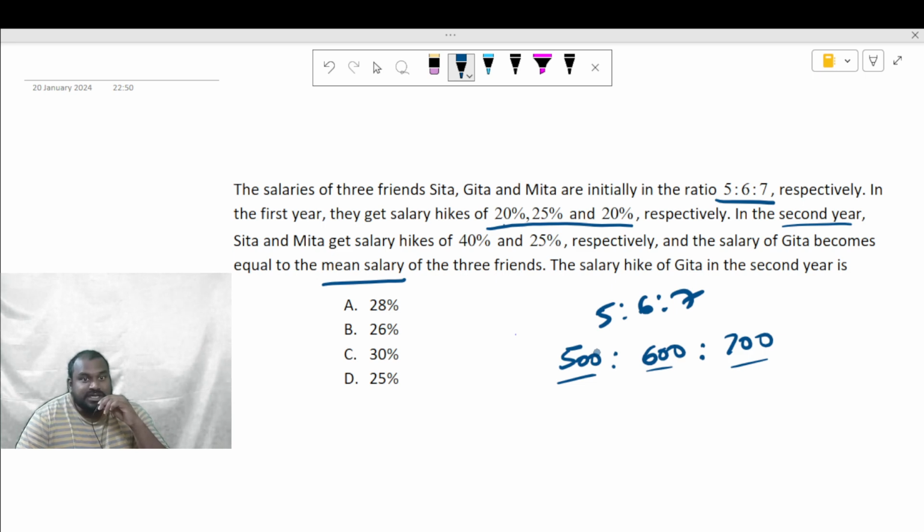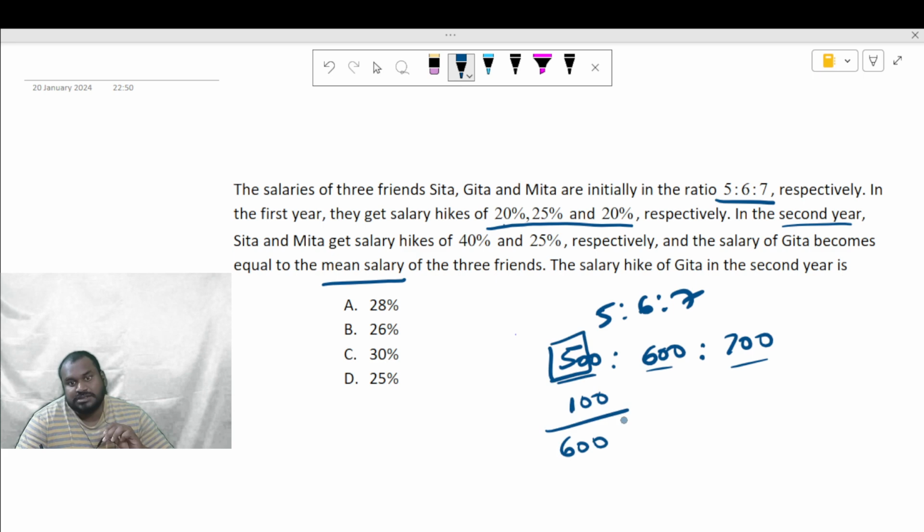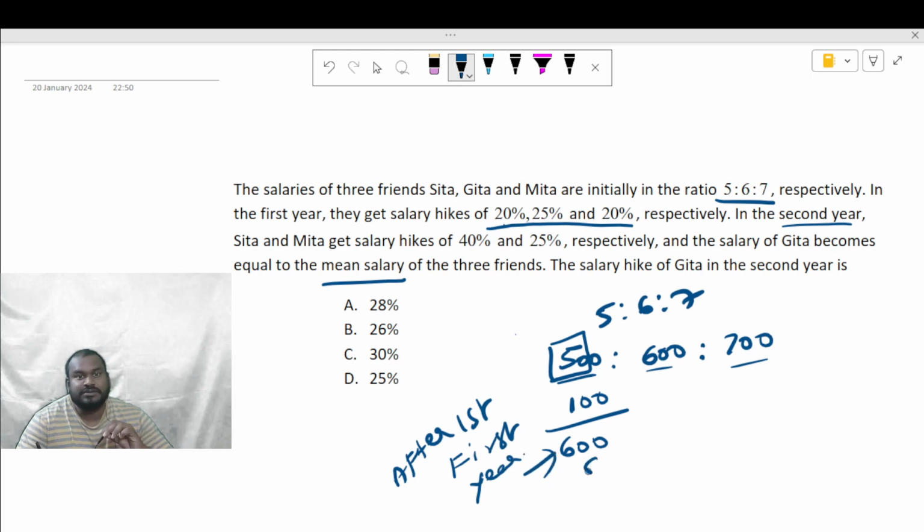In the first year, they get a salary hike of 20%, 25%, and 20%. So what is 20% of 500? 100. You add 100, so it is 600. After the first year, Sita's salary is 600. And Geeta got 25%, na?